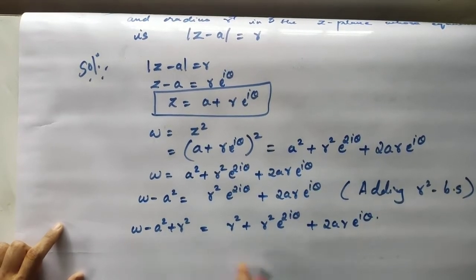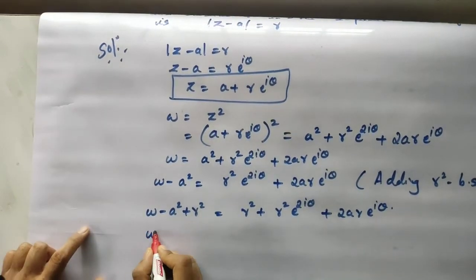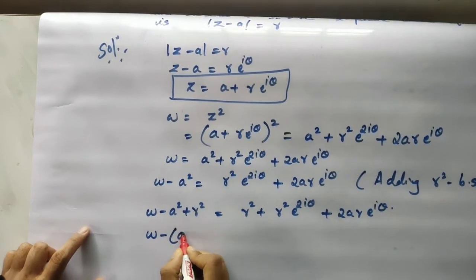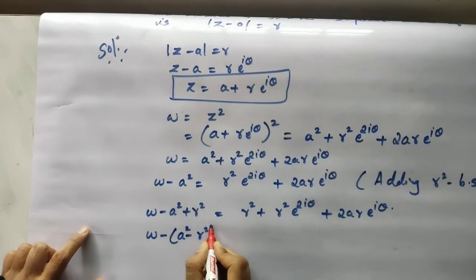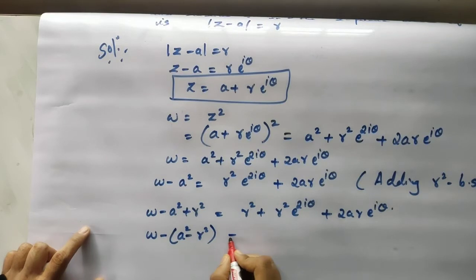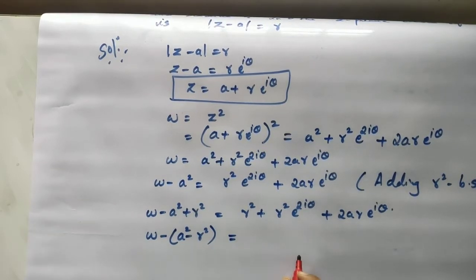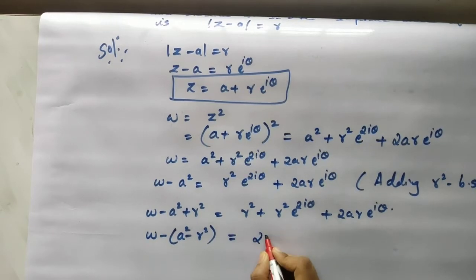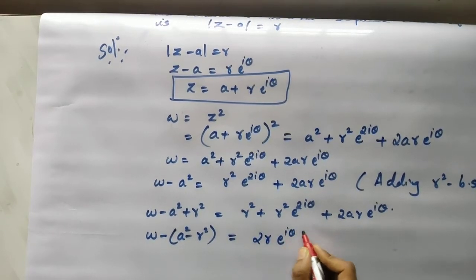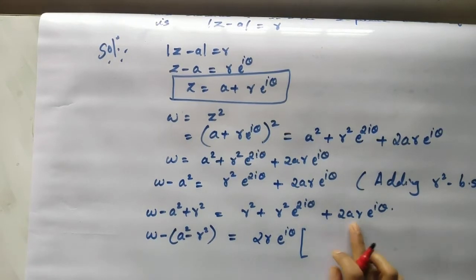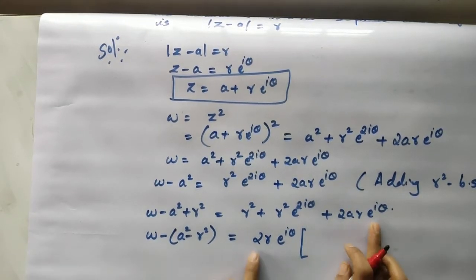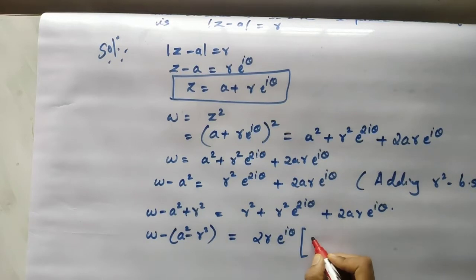Okay, now the left hand side I can write as w minus a square minus r square. Now from this entire term I'll take 2r e to power i theta common. So what am I left with inside? First, 2r e to power i theta is taken out, so only a is left with this term.